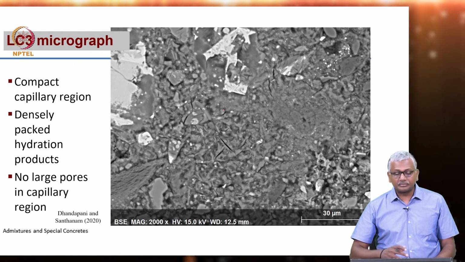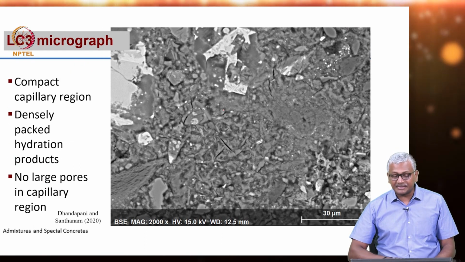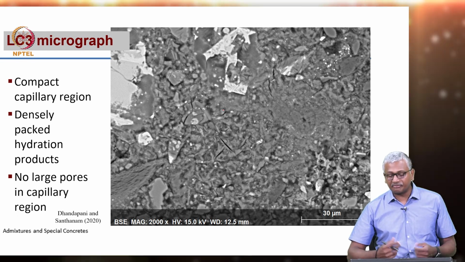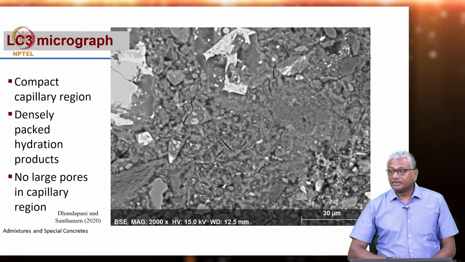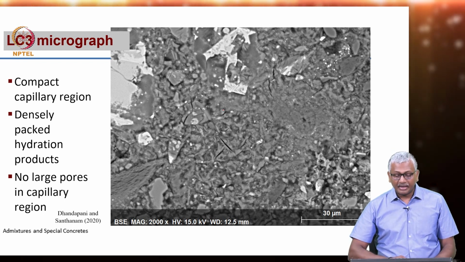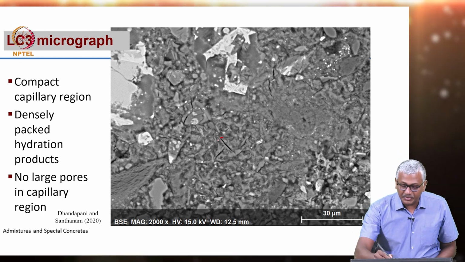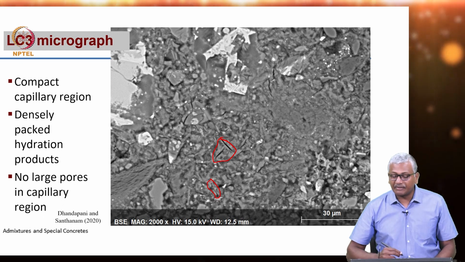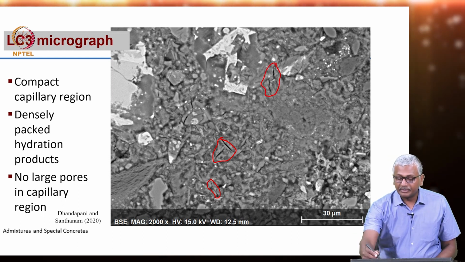When you come to systems like LC3, now here you approach a very high level of packing and density, you get a very compact capillary region. Okay. Now, do not be confused with these cracks, they are actually desiccation cracks.